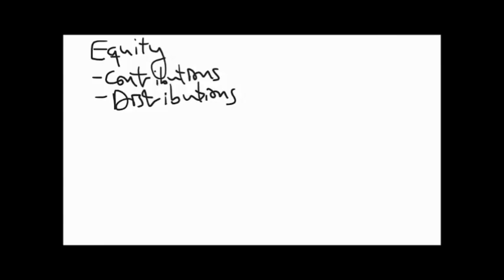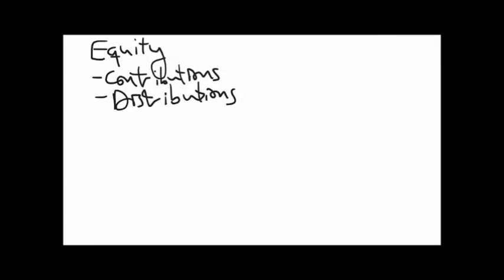So you'll want to make sure that you check with your accountant about how you've set up your equity accounts and make sure that they're set up correctly for your specific entity type. Because there's so many different types of entities, we're going to keep this pretty simple and just stick to basic concepts. But you'll want to check with your accountant and make sure that you're setting yours up correctly for your specific business.